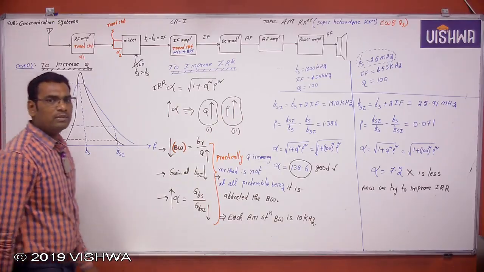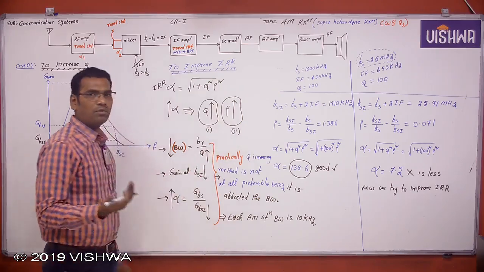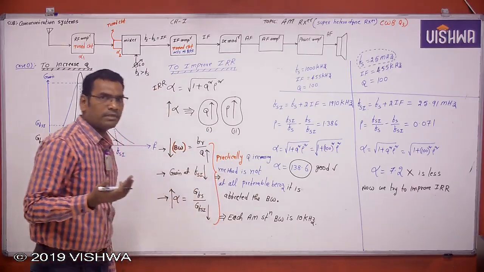So there is no other option. Then the other option, we have to go for rho increasing. But how? Rho is nothing but a constant. But how to increase the value of rho, we will see. First you note this.